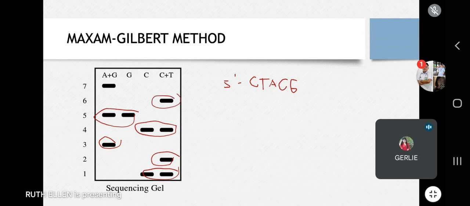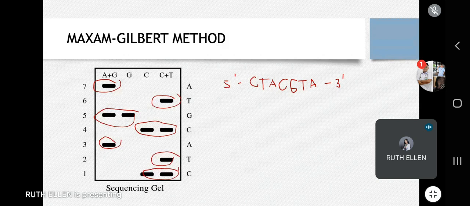And lastly, we have adenine and guanine. Adenine. We have adenine dash 3 prime end. Okay? So, check natin yung answer natin. We have cytosine, thymine, adenine, cytosine, guanine, thymine, adenine. Okay. So, nakuha, class?